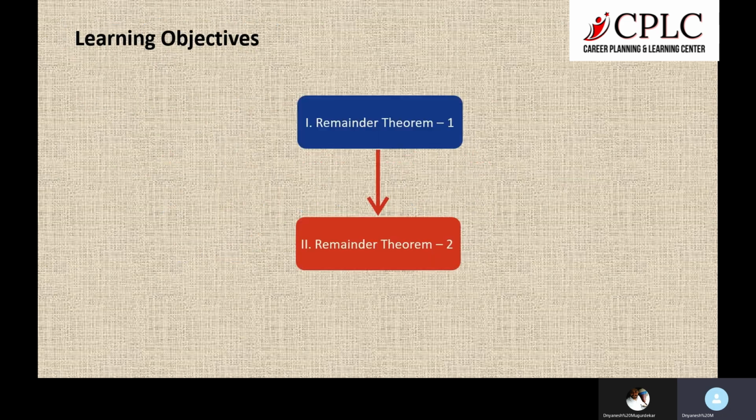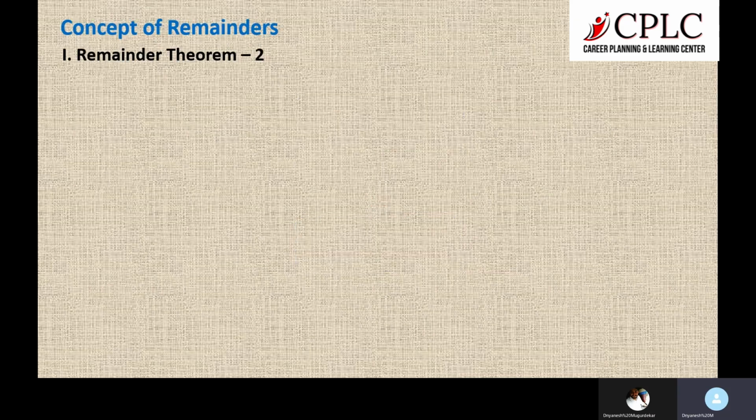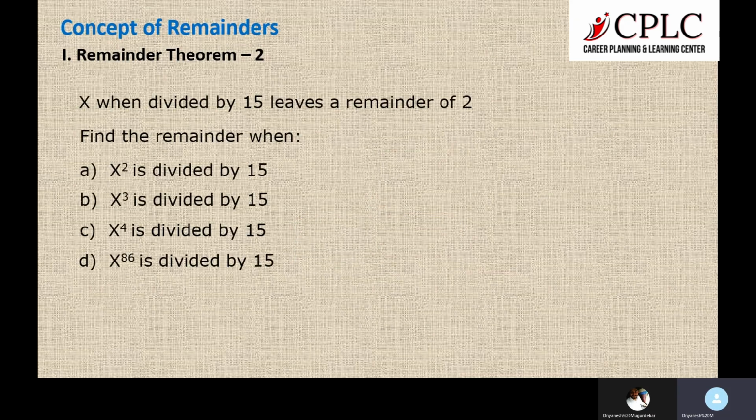Now, whatever theory we have learned, let's try and apply it to solving questions on remainder theorem. So this is a question: x when divided by 15 leaves a remainder of 2. And as usual, if you remember the central idea, replace the number by the remainder. So we are going to replace x by 2, straight as that. Then we have 4 questions as usual.